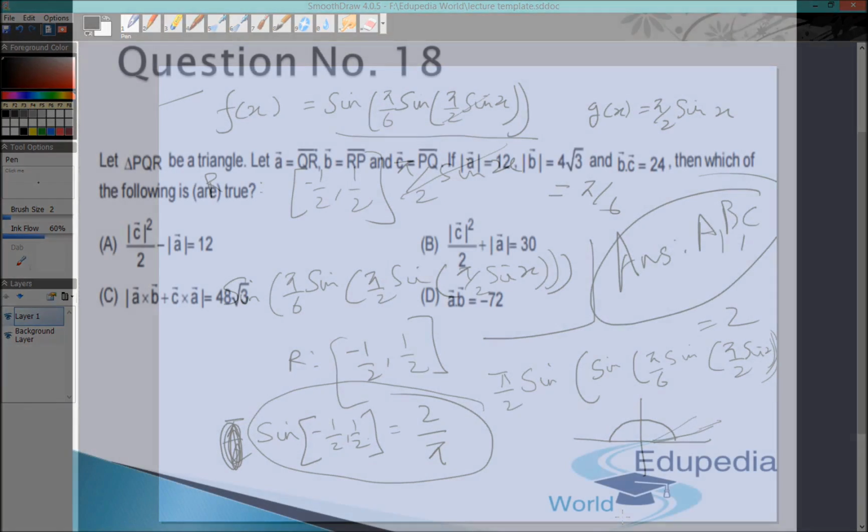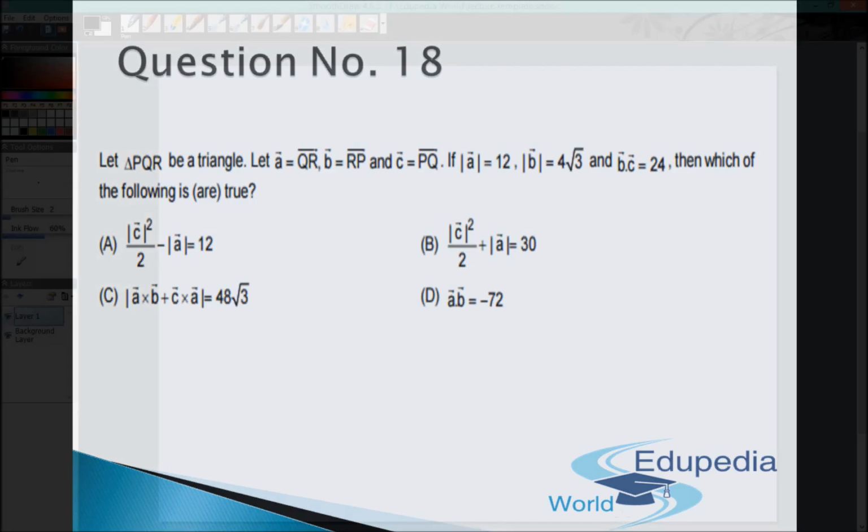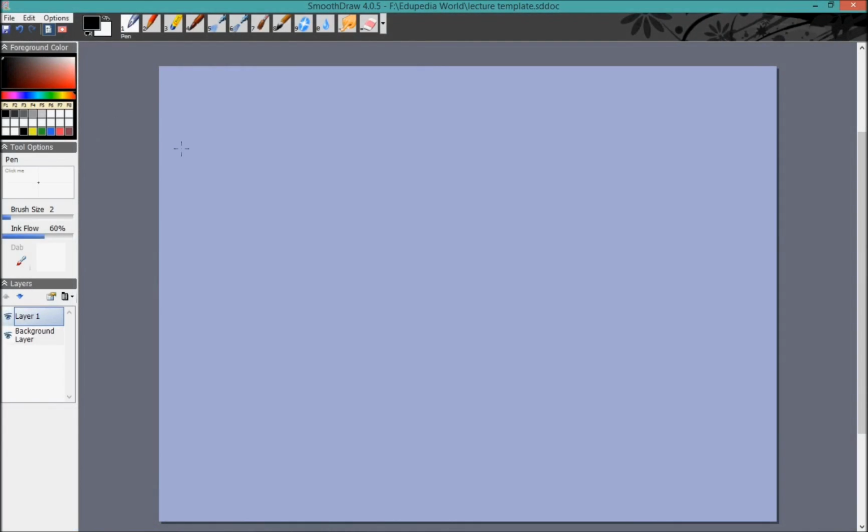Right. Let's look at the next question. The sum is 0 because they represent sides of a triangle. Right. We are given mod A, mod B and B dot C. So we'll take A towards this side and we'll square both sides.